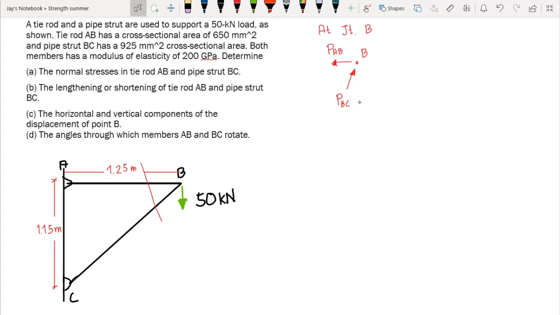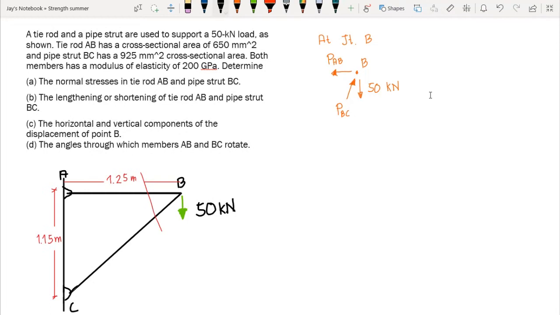Okay, so our goal here is to compute for this value, but don't forget that we have a load at joint B which is 50 kilonewton. So how are we going to compute for the axial forces? We apply equilibrium equations. So we sum up forces vertically and we sum up forces acting horizontally.